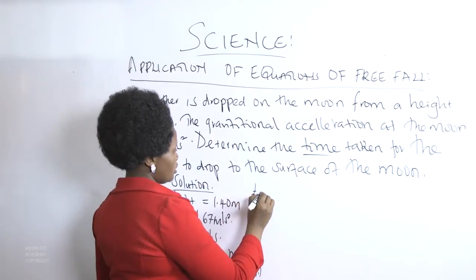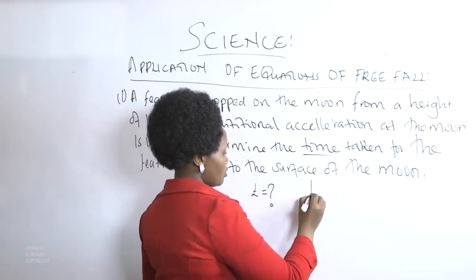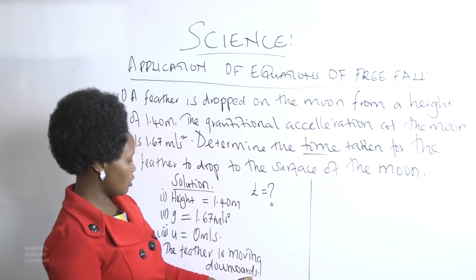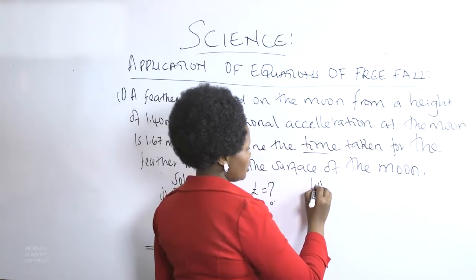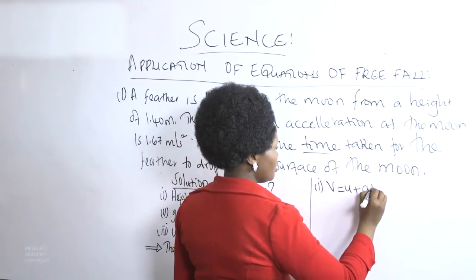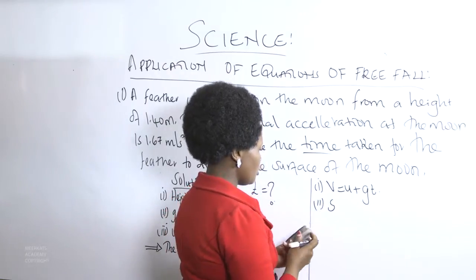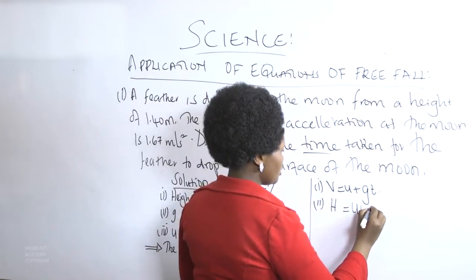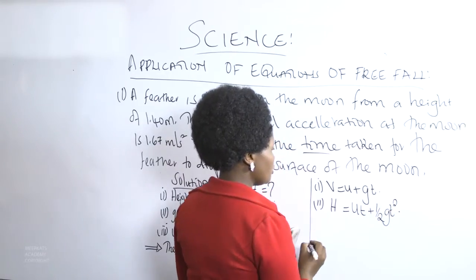Now, we go back to our equations of free fall, and we have noted that our feather is moving downwards. Therefore, we consider: v is u plus gt. Then you have our height being equal to ut plus a half gt squared.